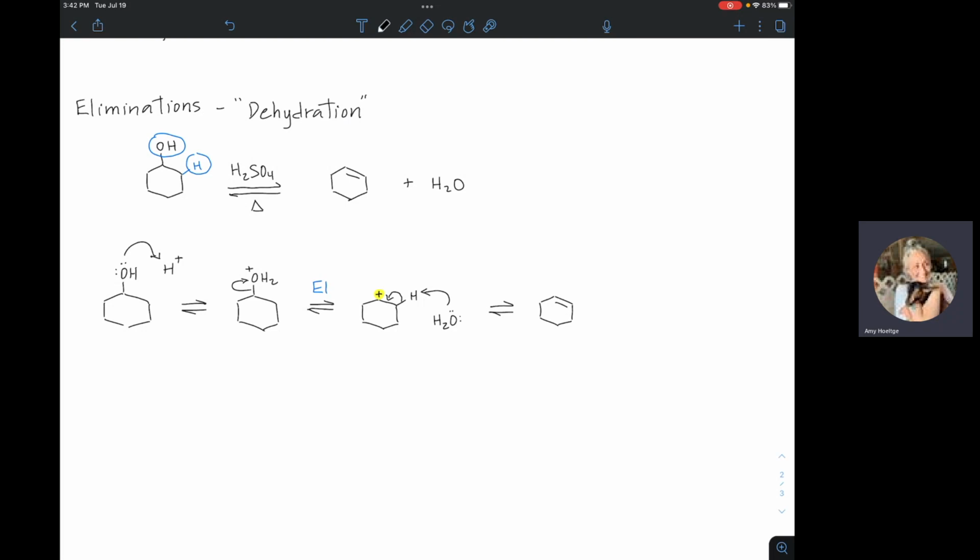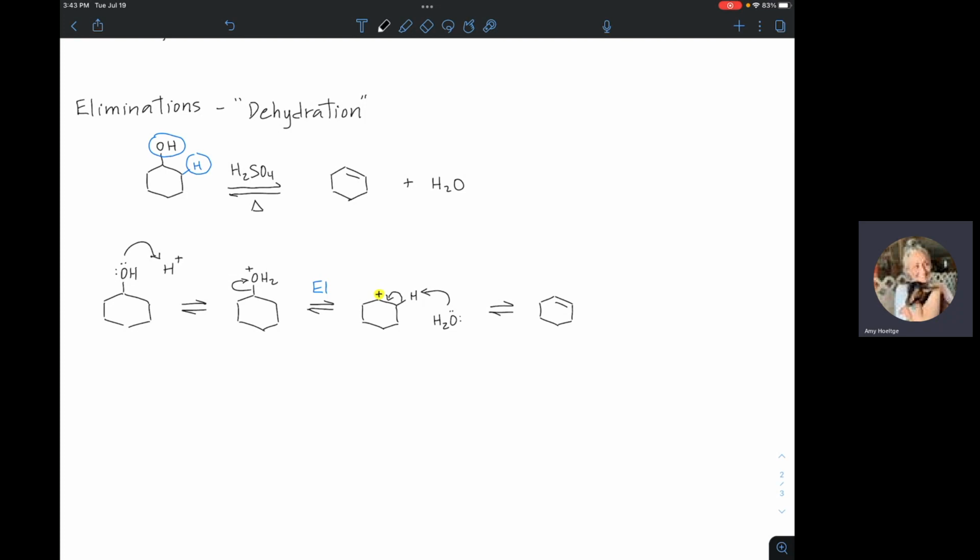Water is going to leave, leaving behind a carbocation, and then the base in the reaction mixture, so in this case, water or whatever is most basic and present in the highest concentration, right? So water is probably going to be the base that removes the proton. It will take a proton off of the beta carbon, that is the carbon adjacent to the positively charged carbon, your carbocation, and you will form an alkene. You will regenerate the acid, otherwise it's not a catalyst, right?